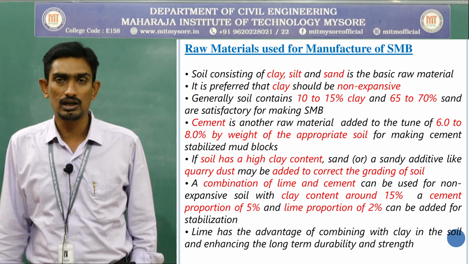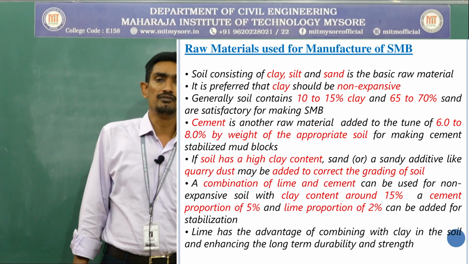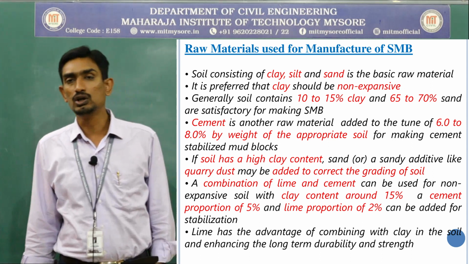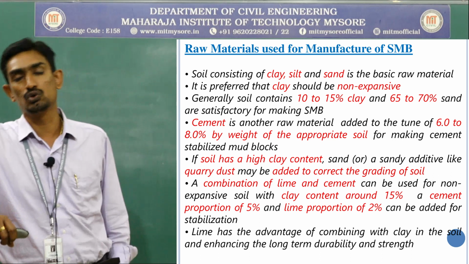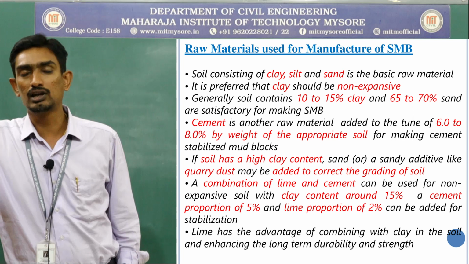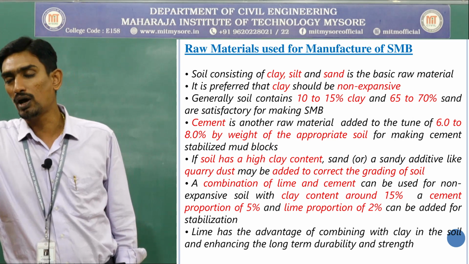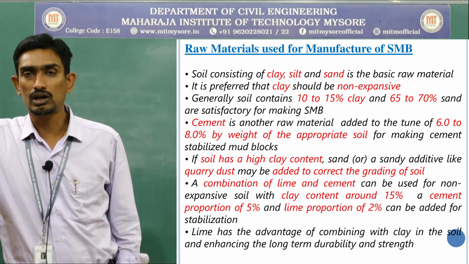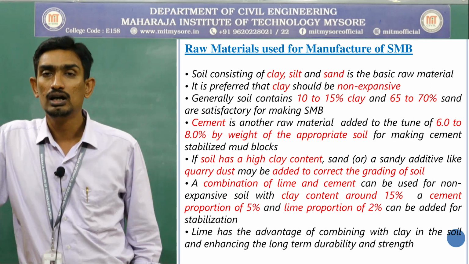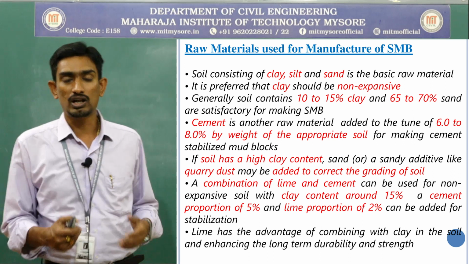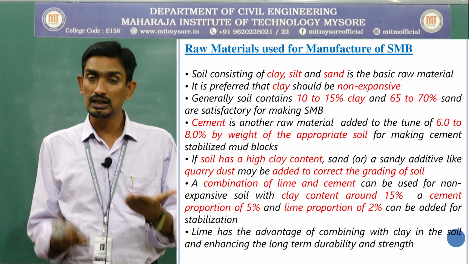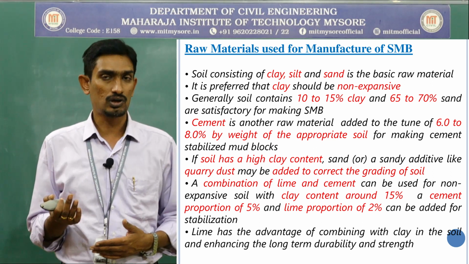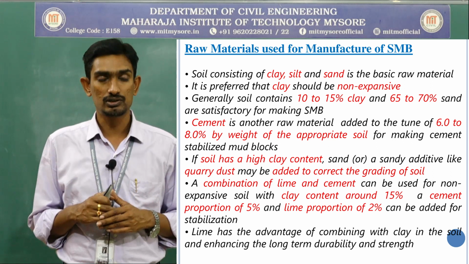The quarry dust is nothing but the waste generated during blasting or during the process of quarrying stones. So we can use this quarry dust in order to reduce the clay content. That means decrease the clay content and increase the sand content, so that it will be well balanced.